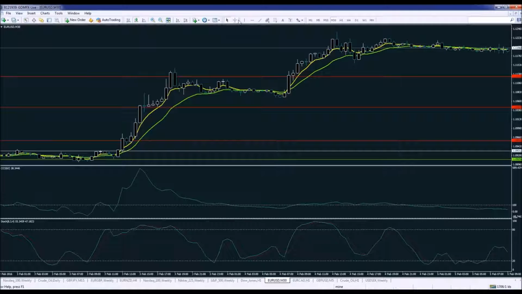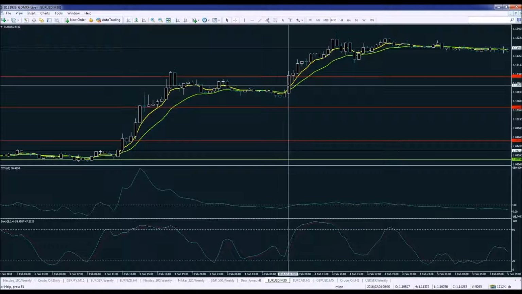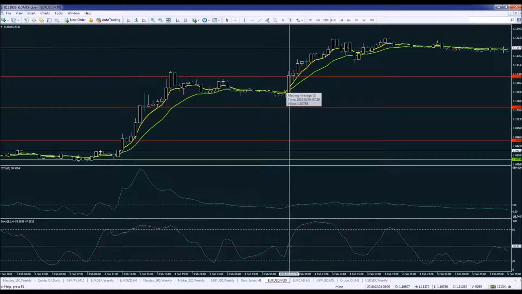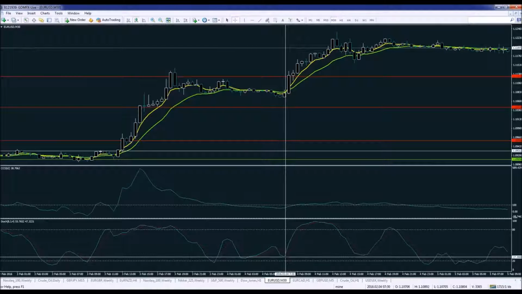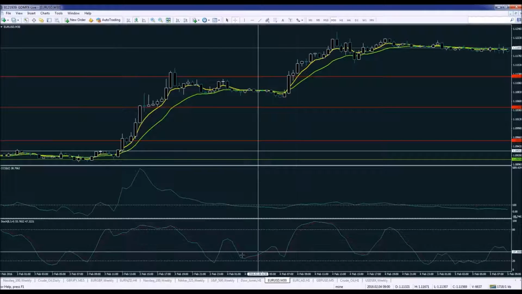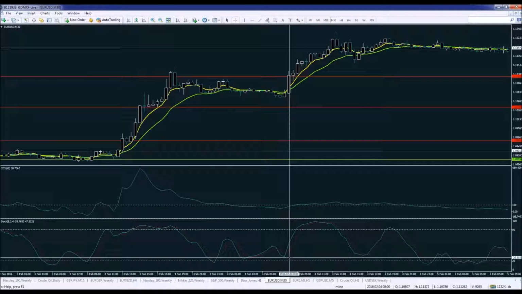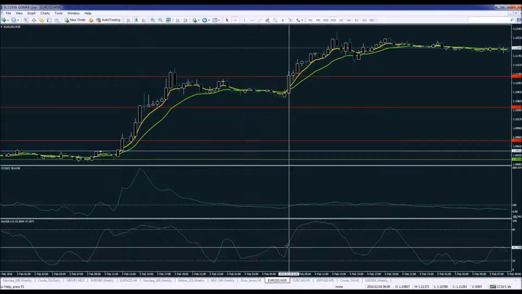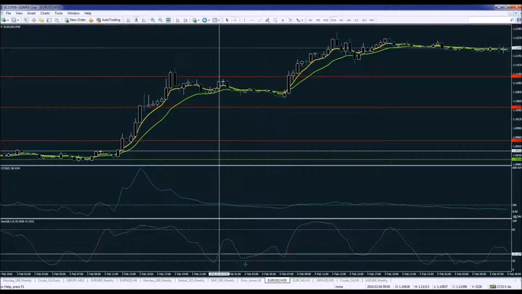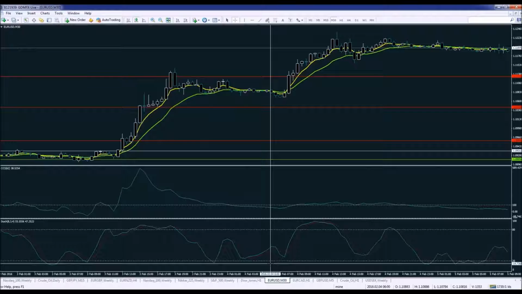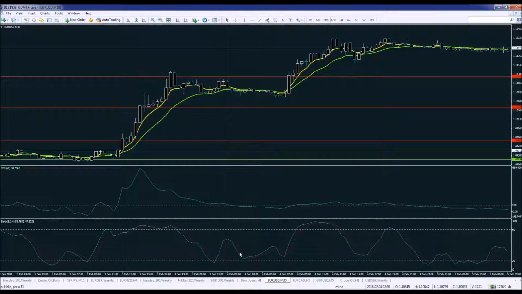So we can see another crossover here of the moving averages. Another signal comes pretty much at the same time from the stochastic, and as you can see, when the market is seesawing or zigzagging or moving sideways, this can be taken as a neutral stance. Therefore, you don't really trade during these conditions.